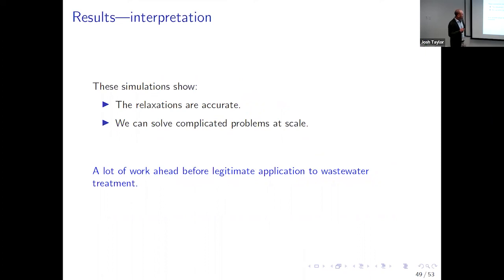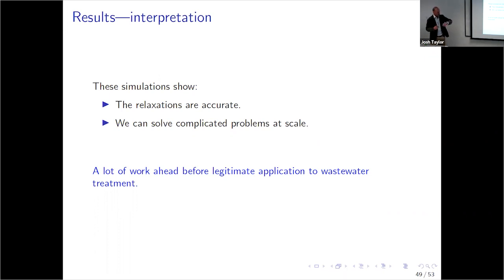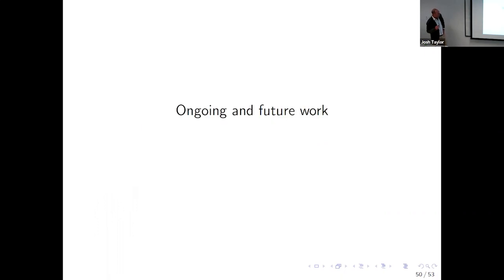And so stepping back, I don't mean to claim that we are ready to solve real problems in wastewater treatment, but as a convincing piece of evidence, I think we've shown that there was real value in doing the analysis of the problem. The relaxations are quite accurate, and they enabled us to solve problems at the scale that we need to get to. So let me talk briefly about the work that we're doing right now.